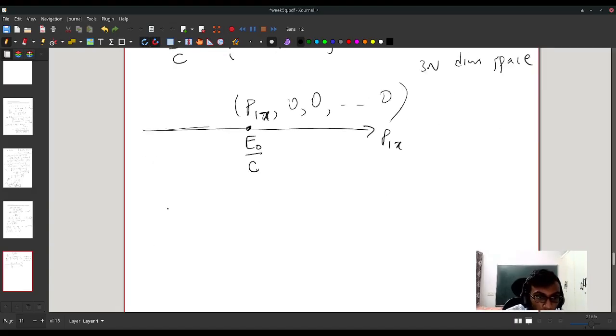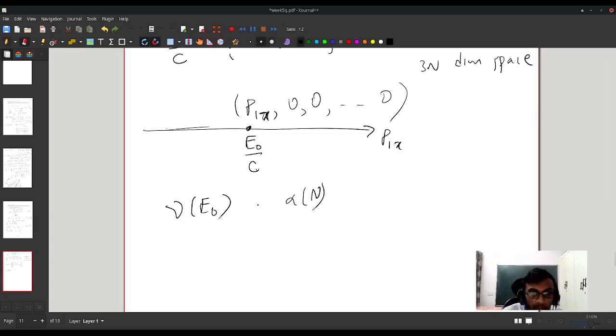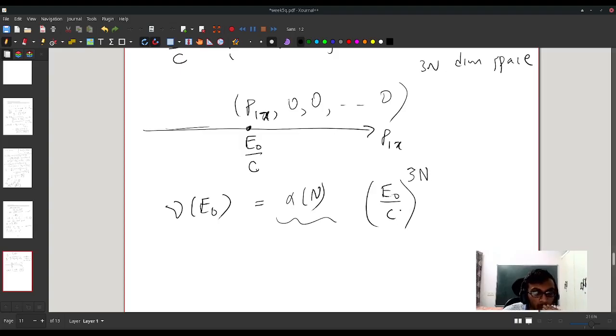So the total volume as a function of E naught is again going to be proportional to the product of dimensions in various directions. Of course, again we have some unknown quantity here, alpha of n, but we have E naught by c to the power 3n, because we have 3n directions in this space.